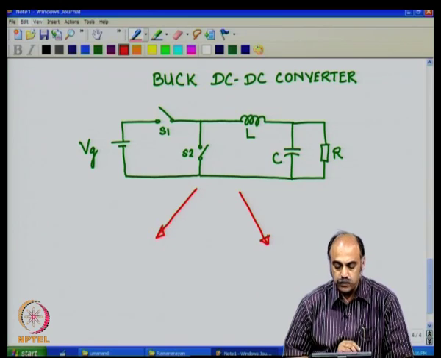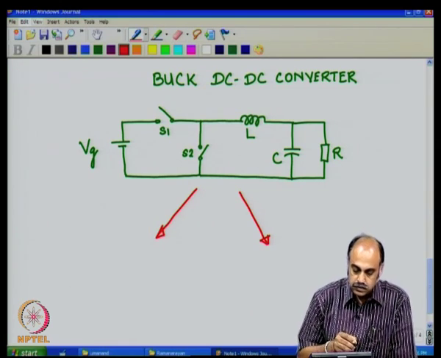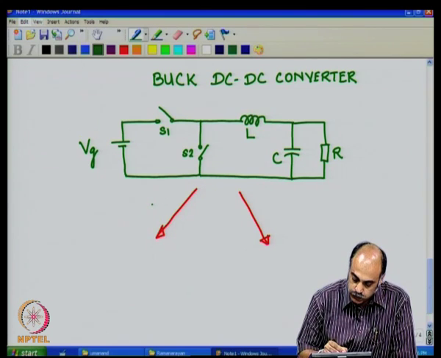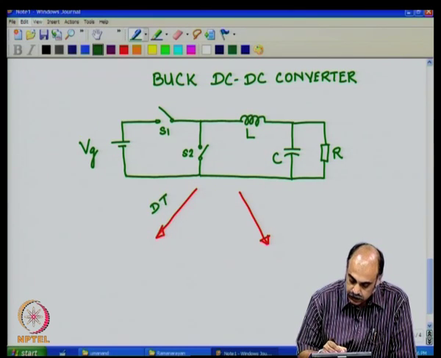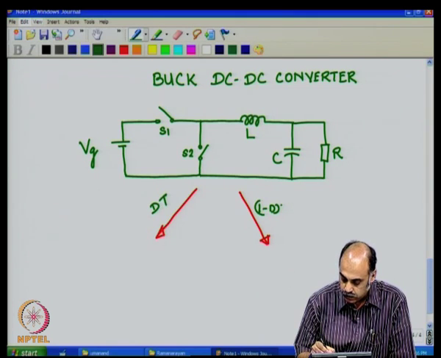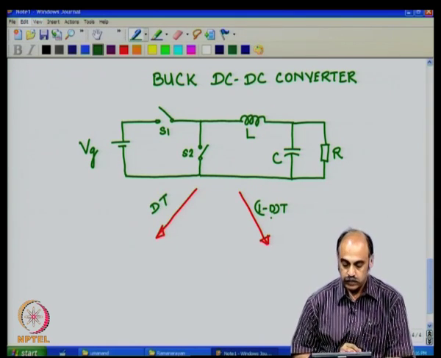Now, I have shown two arrows here. Basically, what it means is that there are two distinct time periods within a period.